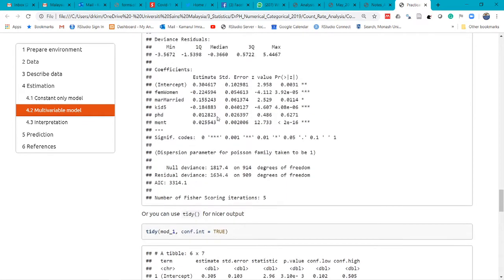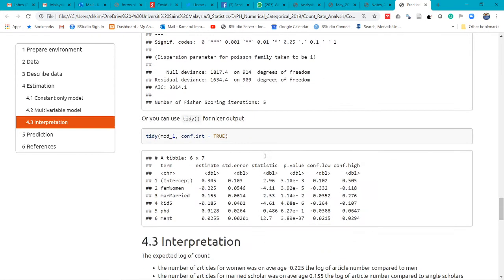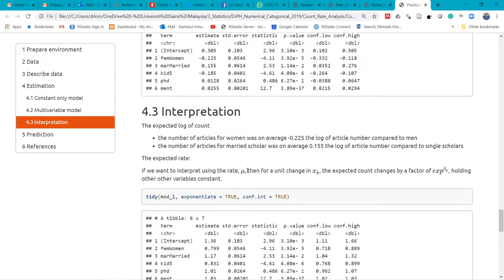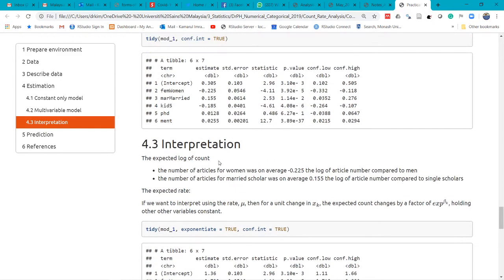You can convert this output into a data frame using tidy from the broom package. We specify conf.int equal true to generate the 95% confidence intervals, so you'll get this nice output. So the number of articles, the expected log of count, is this one.